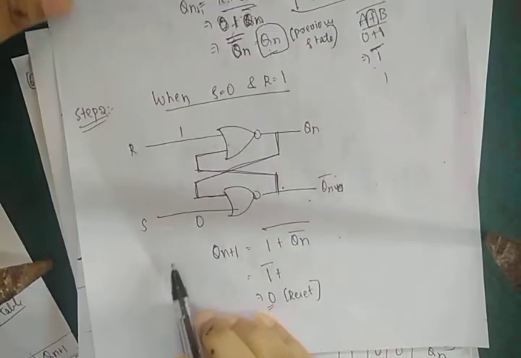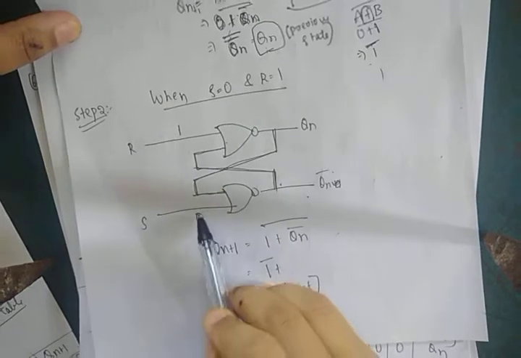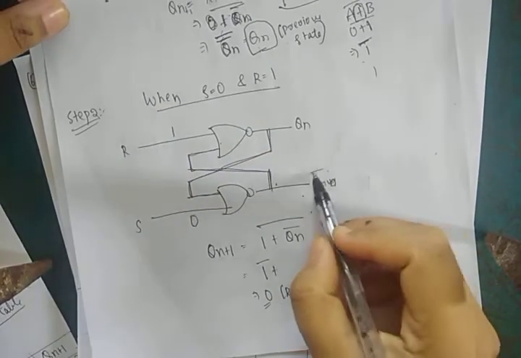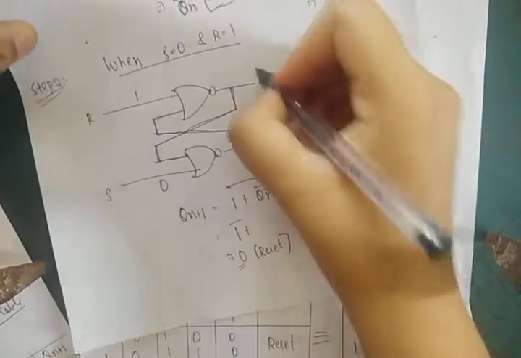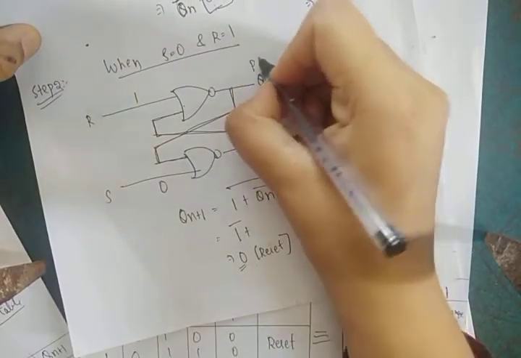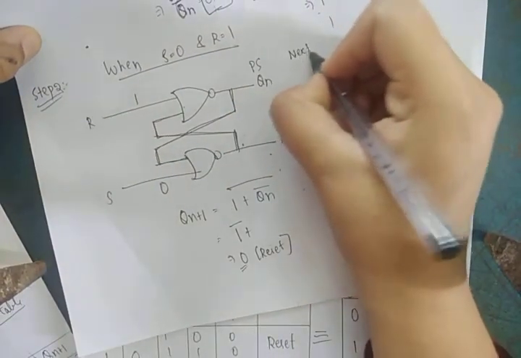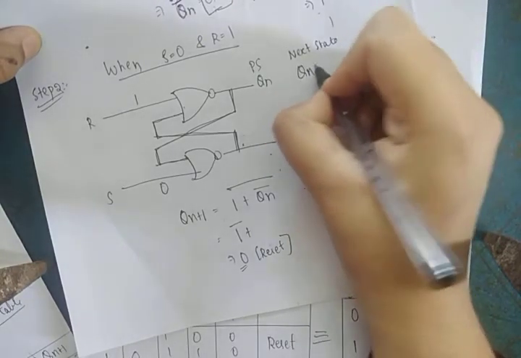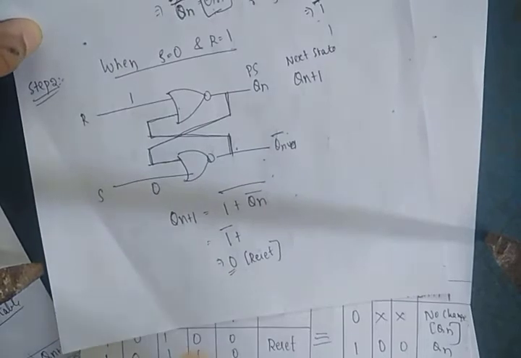Now, when S is 0 and R is 1, see here. R is 1, no doubt. S is 0. Here I have Qn. Here I have Qn bar. As usual, this is the previous state. Next state is what for us? Qn plus 1. We need to find this out.